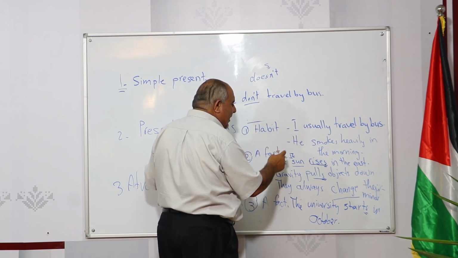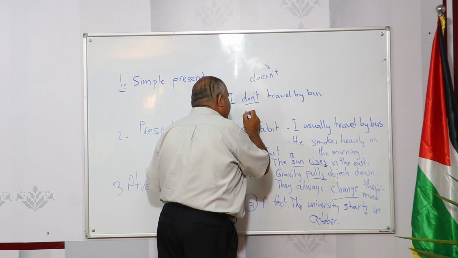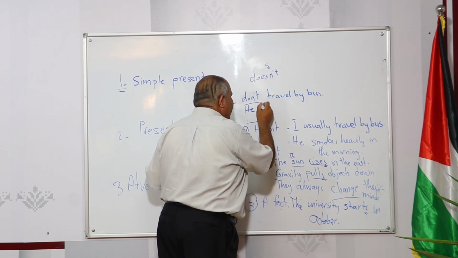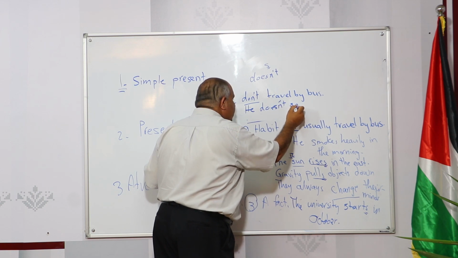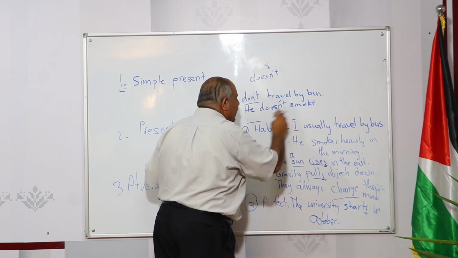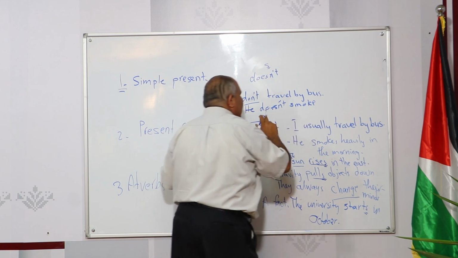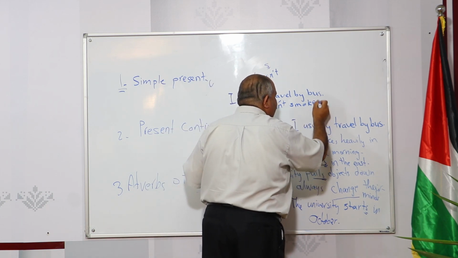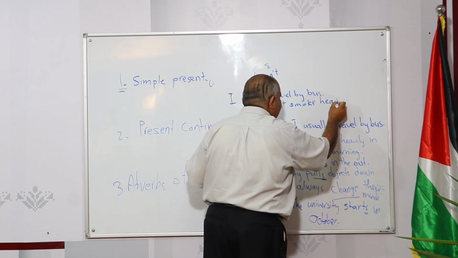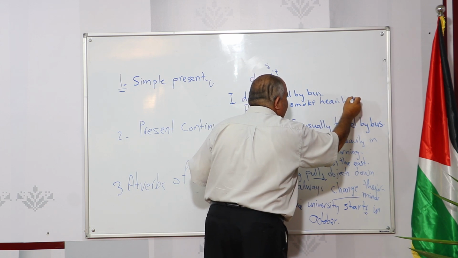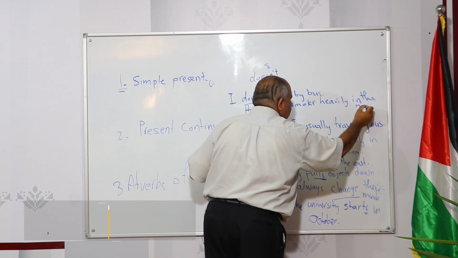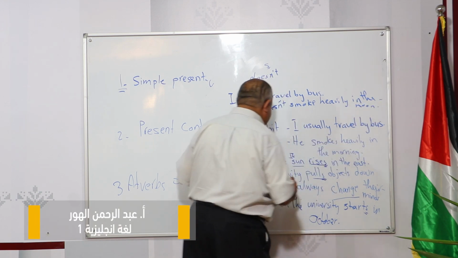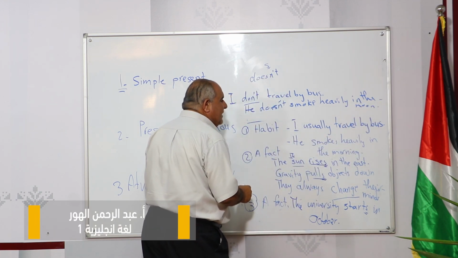In the second example, he smokes heavily in the morning. He does not smoke. Don't say does not smokes. He does not smoke heavily in the afternoon or at noon. Number 3, the sun rises in the east.